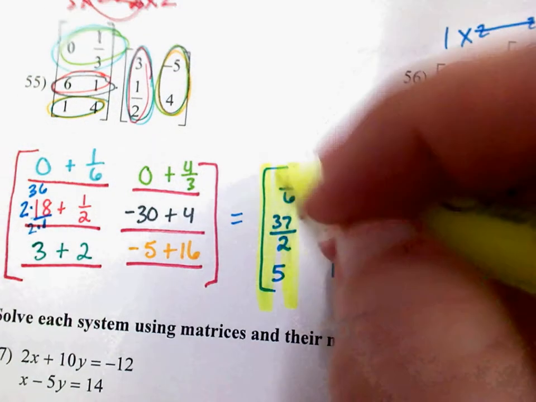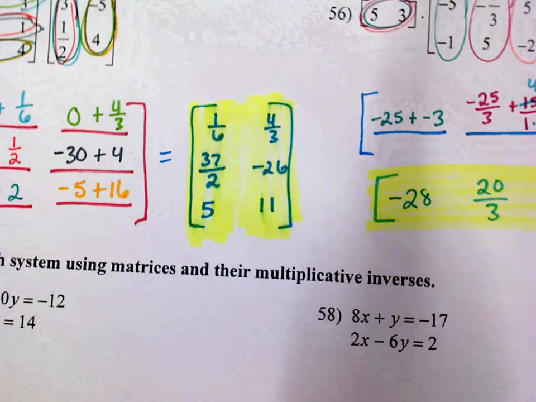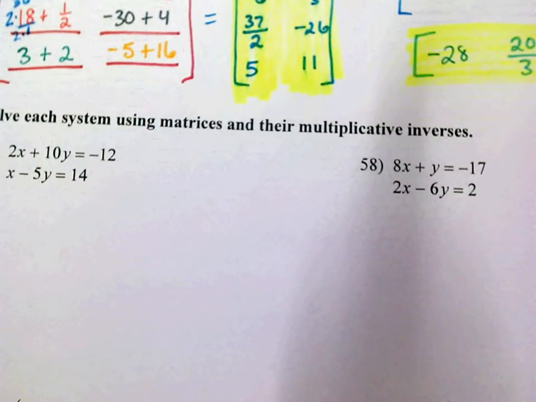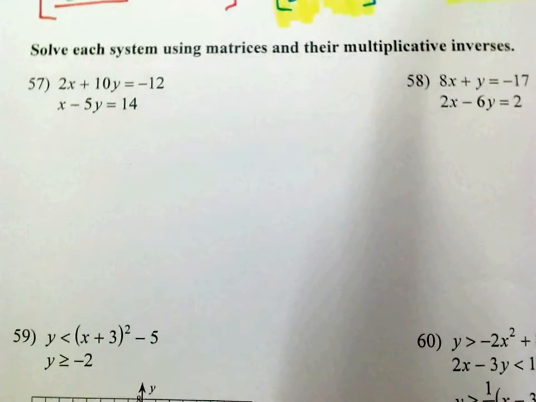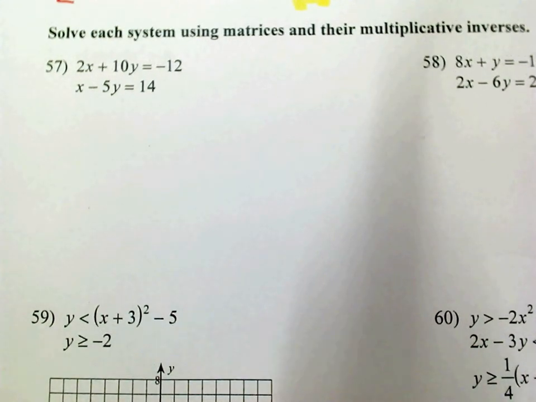All right, let's go to number 57. Do y'all remember how to do these? Okay, so this is when we multiply the multiplicative inverse times negative 12, 14 to kind of undo the equation, yeah?